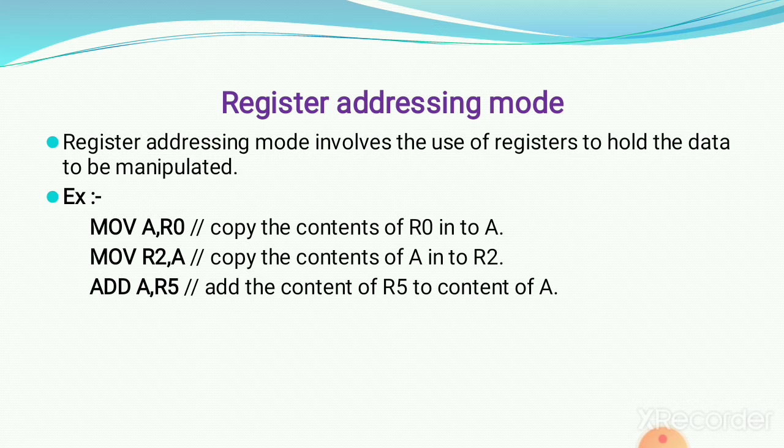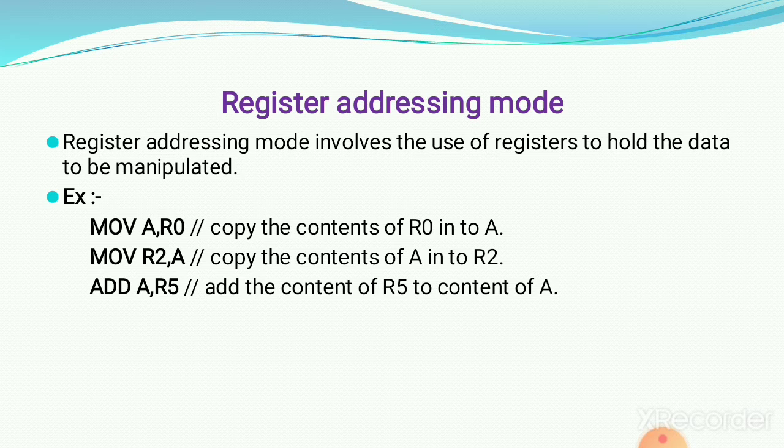Which registers? They are R0 to R7, DPTR, B and A of the microcontroller. Source and destination registers are specified by the opcode itself. The length of the instruction in this addressing mode is 1 byte.